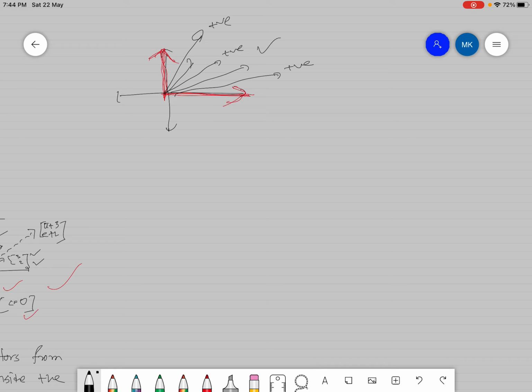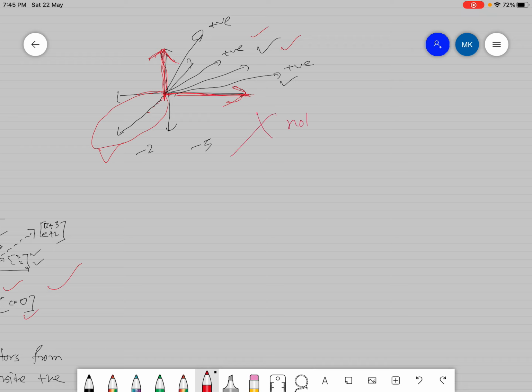But if you multiply any of these vectors by a negative scalar number, let's say by -2 or -5, after scaling the vector, that vector comes here at the third quadrant. So this actually violates the rule of a vector space, because this should be inside the first quadrant to be a vector space.